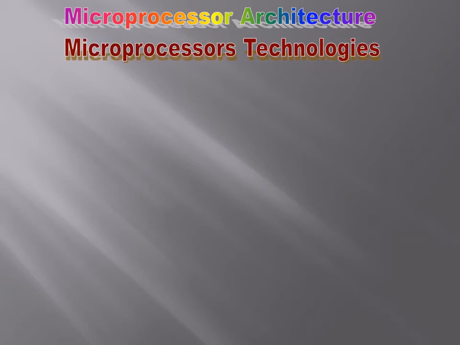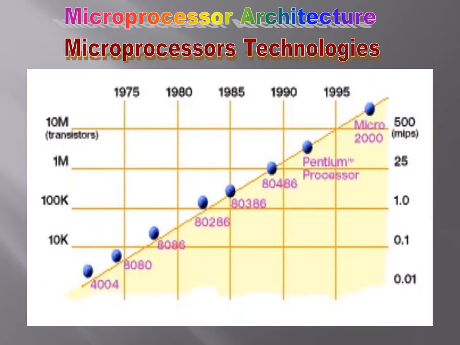Again, if we see a glimpse of technology change up to about 2000 or so, we see a straight line increase in the devices per unit area of microprocessor chips.